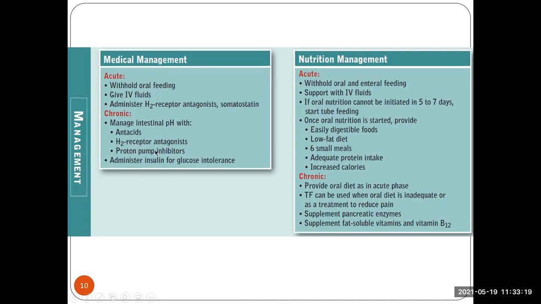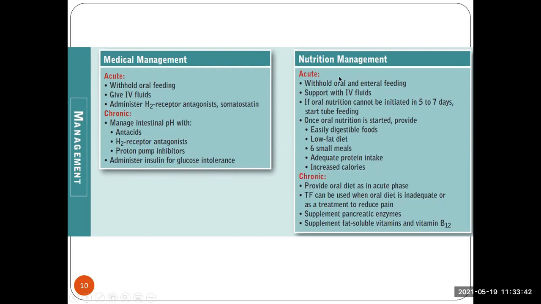Similarly, hydrogen receptor antagonists and proton pump inhibitors, all these are used to reduce the acidity in the stomach. Similarly, insulin is administered for the glucose intolerance, or you can say for the hyperglycemia associated with pancreatitis.